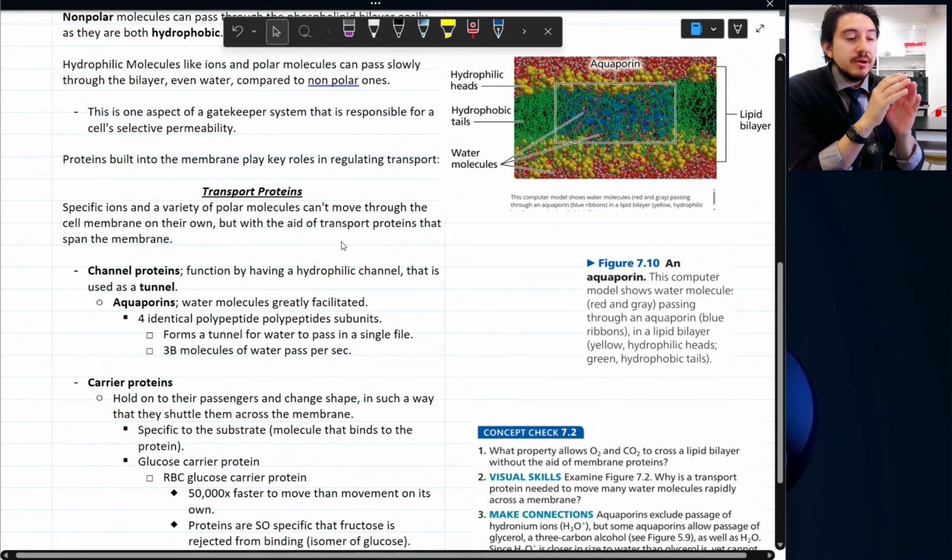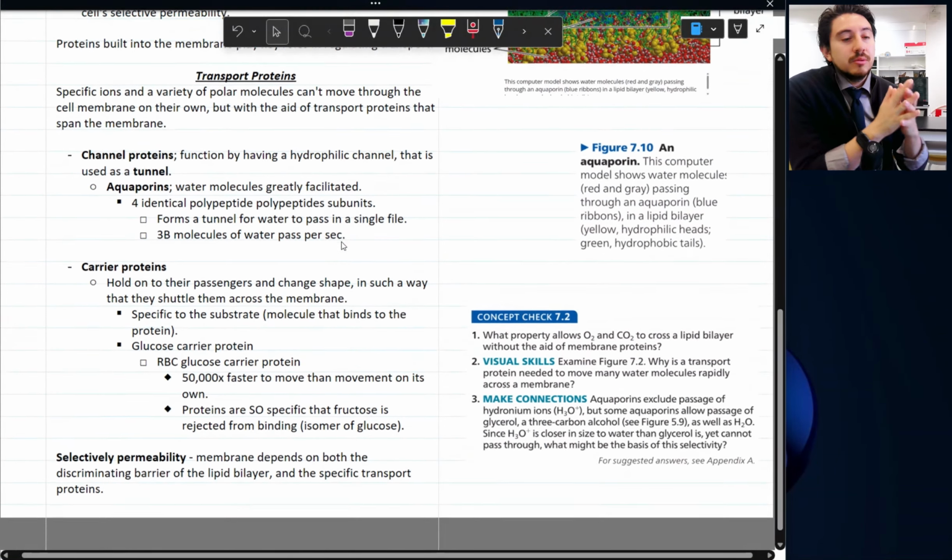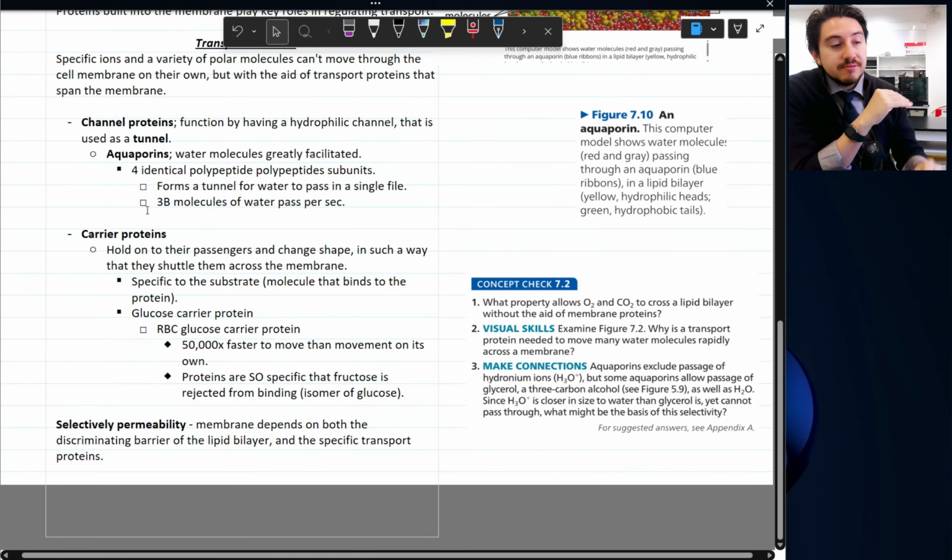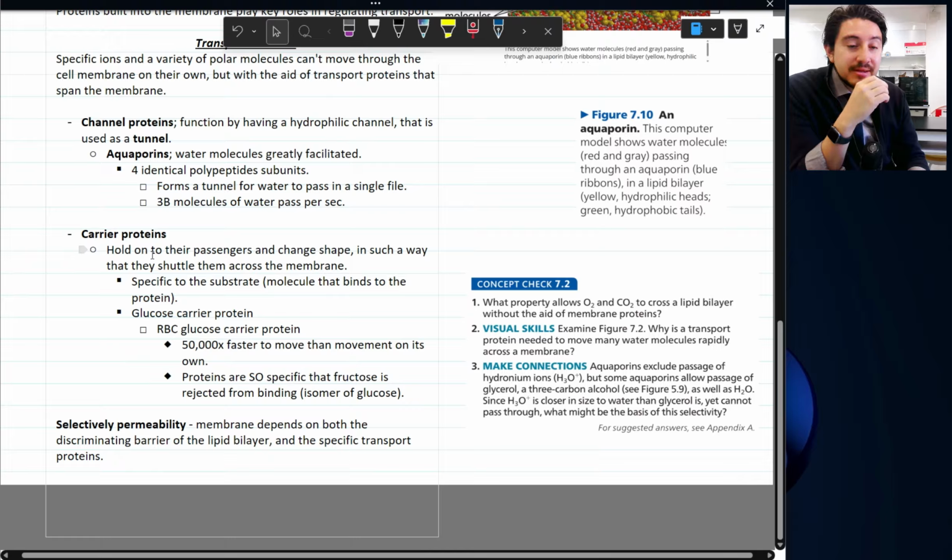They form a whole tunnel, and that tunnel would enable water to pass in a single file. Okay. Sorry, 3 billion molecules. I read that wrong. 3 billion molecules of water pass per second. That's how effective these proteins can be.